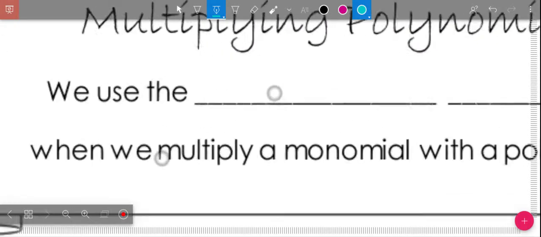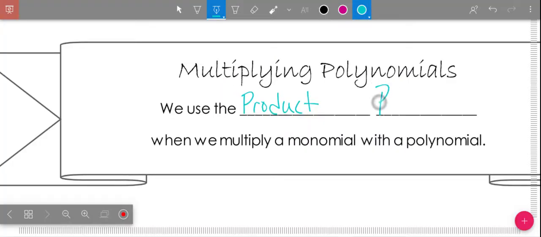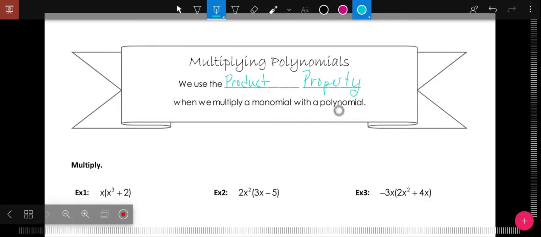So we use the product property when we multiply a monomial with a polynomial. So whenever we're multiplying pieces of polynomials together, okay?